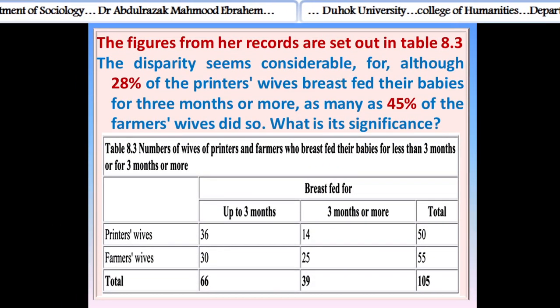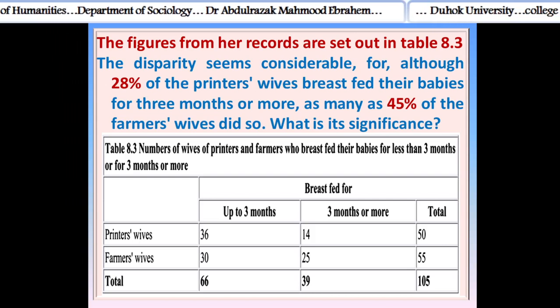Okay, in this lecture we have some solved examples. The figures from the records are set out in table 8.3.